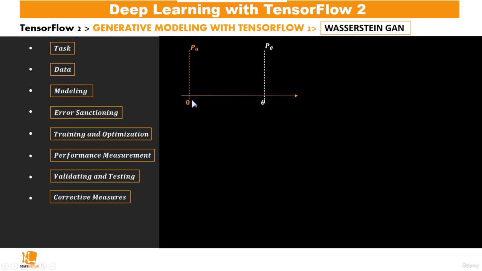So this is 0, and this is the uniform distribution, which goes from 0 to 1. That's on this y-axis, it goes from 0 to 1. On the x-axis it is found at the point 0. Whereas here it goes from 0 to 1, and here it's at the point x equals theta. So this is our P theta, which can take any value. So theta could be anywhere around this.